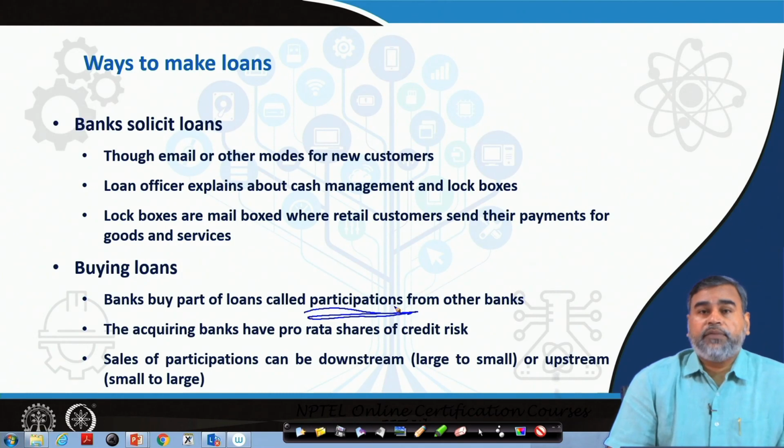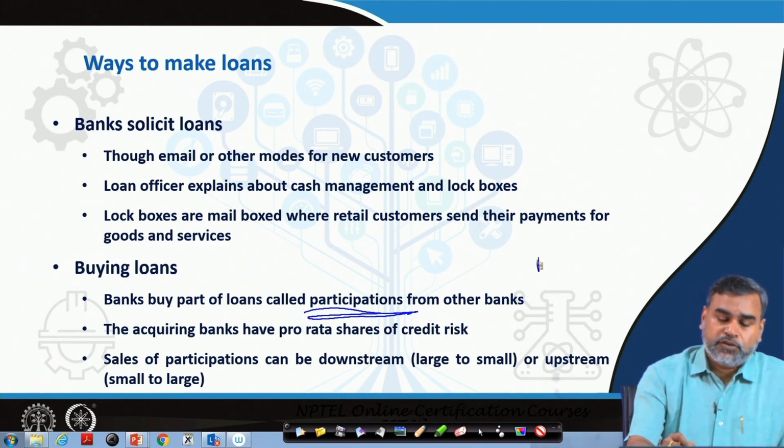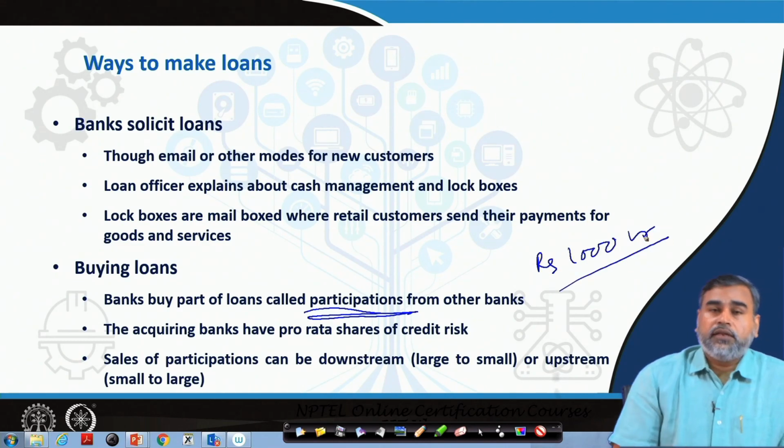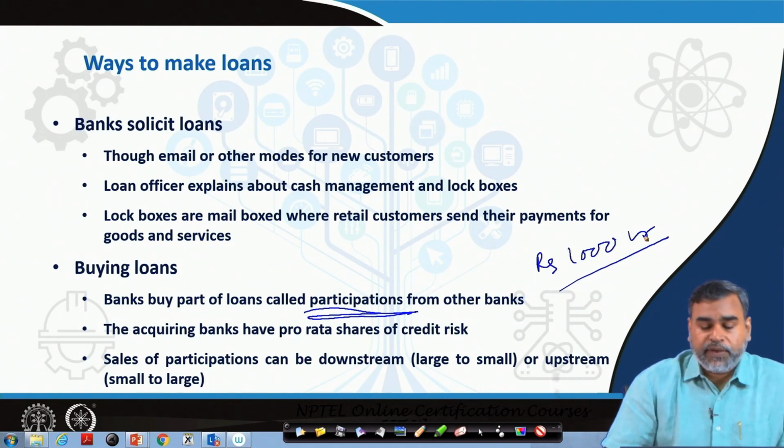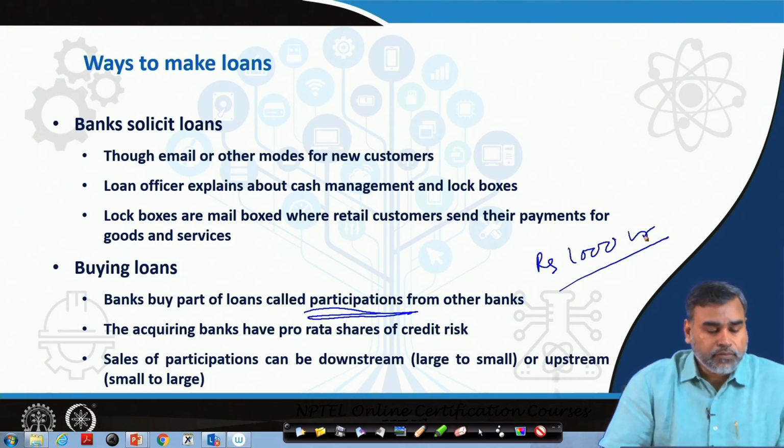For example, one bank has disbursed 100 crore, 1000 crore, and this 1000 crore is quite big money for that particular bank. Then another bank can buy part of the loan from that bank, or the bank can divide that loan among different other participants.